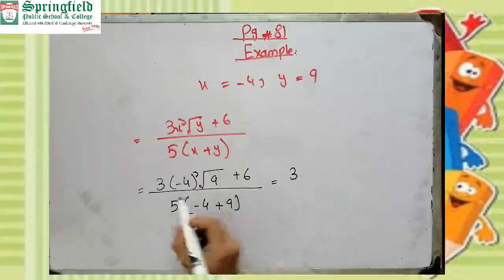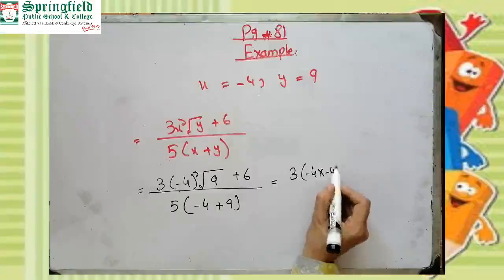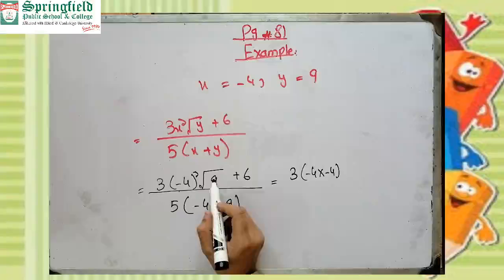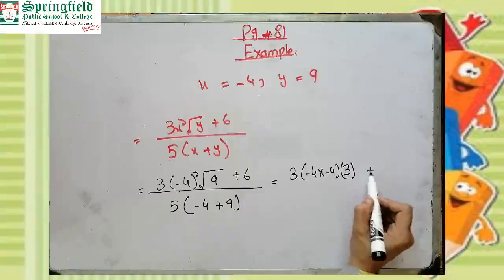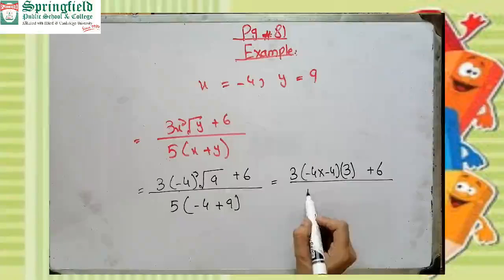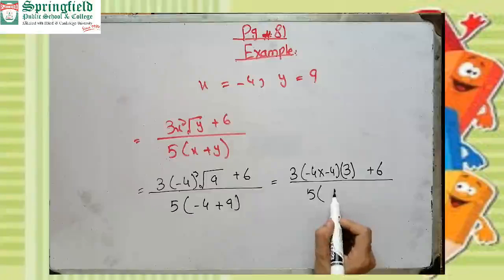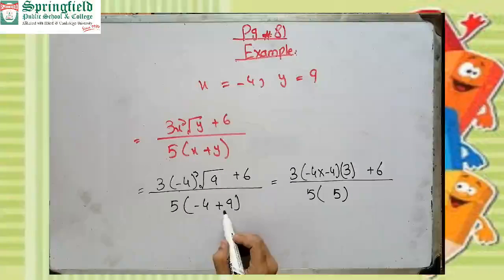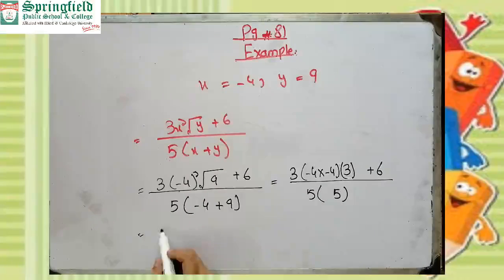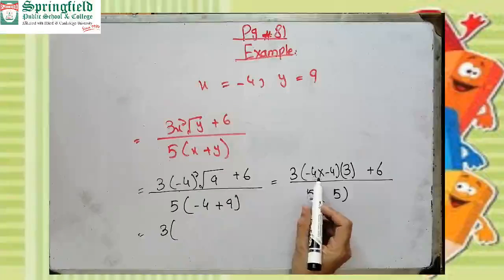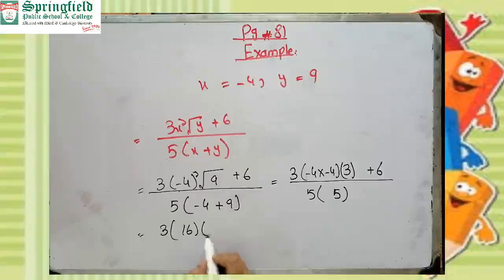So 3 times minus 4 whole square means minus 4 is multiplied two times, and the square root of 9 is 3, and we multiply all the numbers. 6 divided by 5 times minus 4 plus 9, which is 5, and the sign will be positive because the greater value has the positive sign.